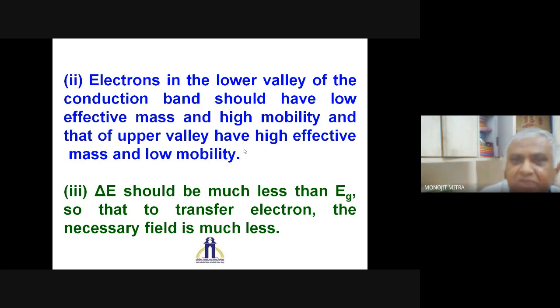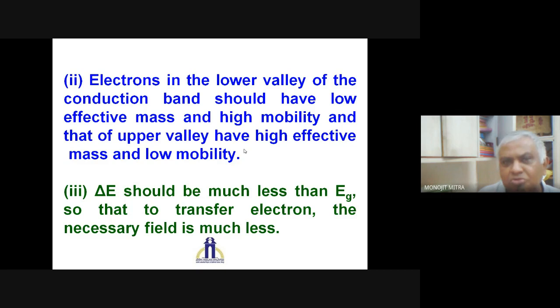You will find that all these devices have one common characteristic, that they all are negative resistance devices. I told you what is negative resistance, but I have not explained clearly what is the significance of negative resistance. Maybe in some other class I will do that. Today I will not find time to go through that.